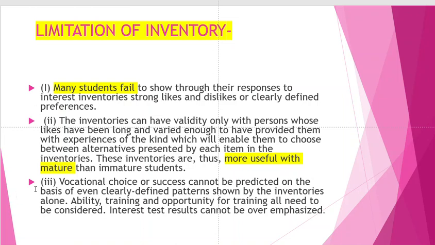The inventories can have validity only with a person whose life has been long and varied enough to have provided them with experience that will enable them to choose between the alternatives presented by each item in the inventory. Because this inventory is based upon the interest of the student, who provides the information on the basis of their experiences, we cannot easily establish reliability or validity.